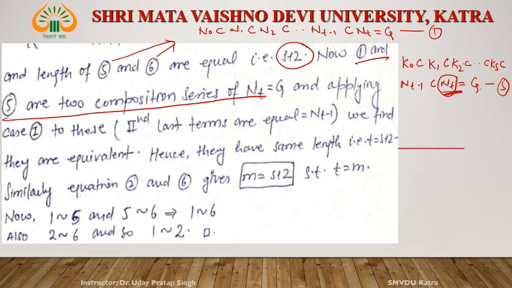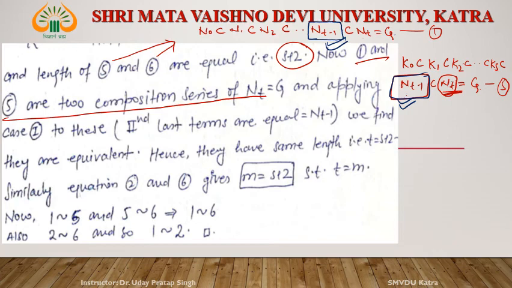What is the previous term of Nt? That is Nt-1. Okay, previous term of Nt is Nt-1. And what is the previous term of this Nt? Nt-1. And in case first, we already proved that if these two terms are equal, here both are equal, Nt-1, Nt-1, then the composition series are equivalent.